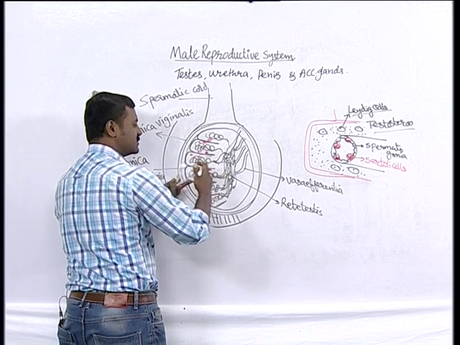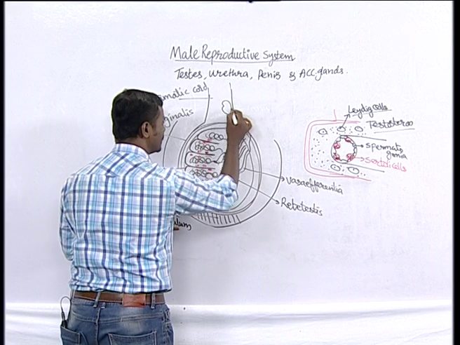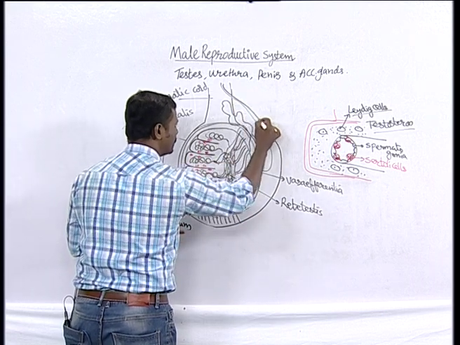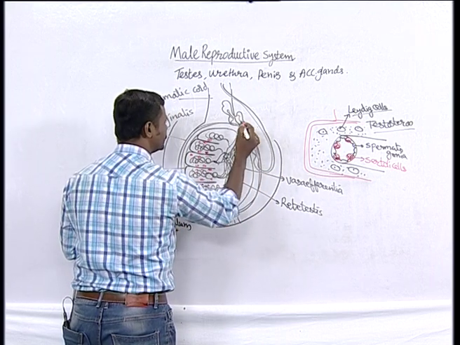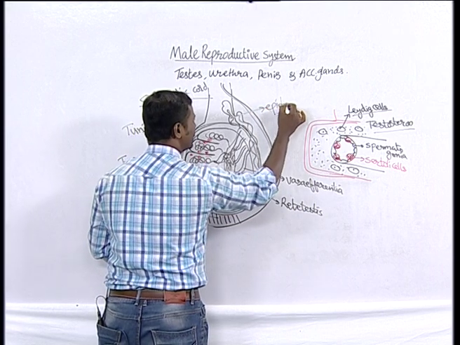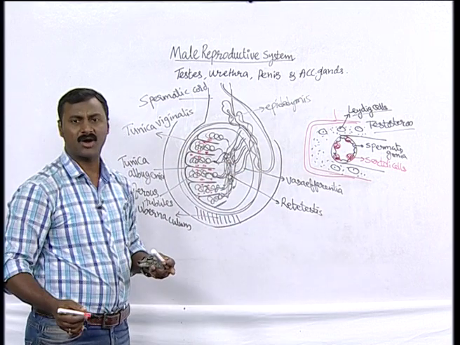So, sperms are coming, and finally all the vasa efferentia give rise to a common, highly coiled tube. This highly coiled tube is called the epididymis.